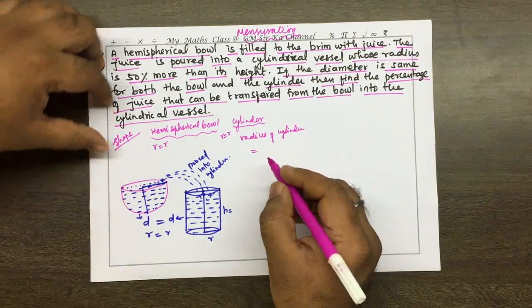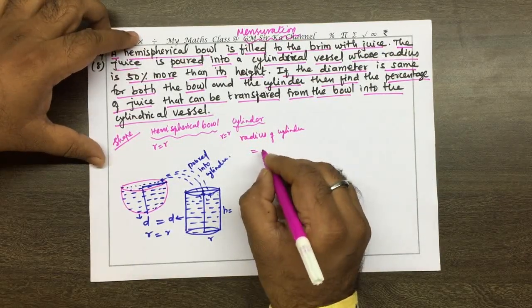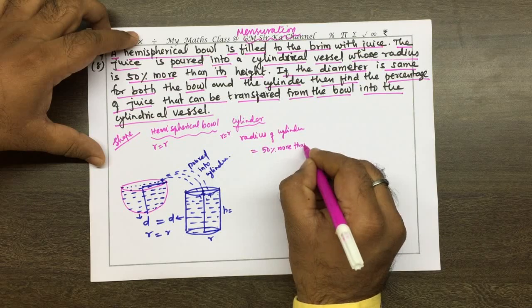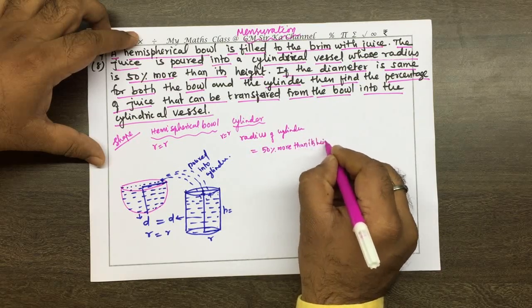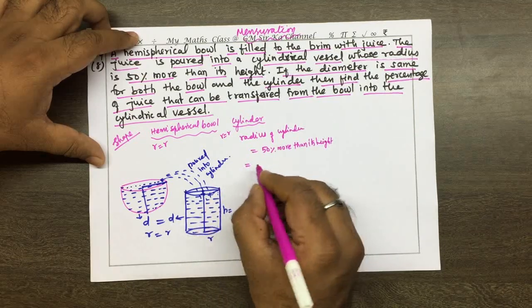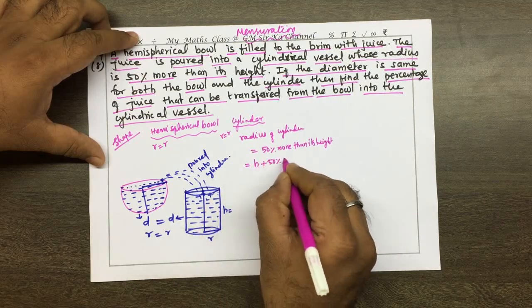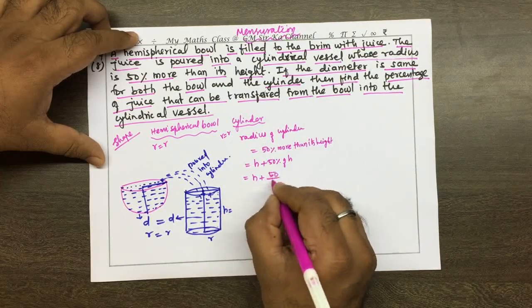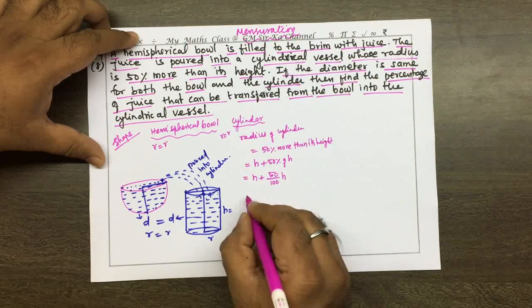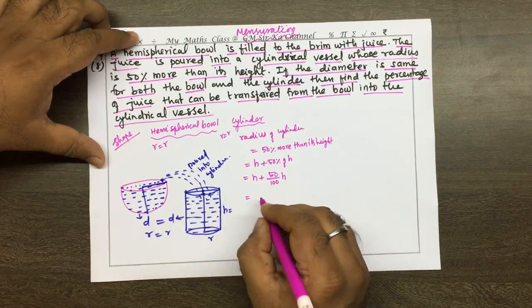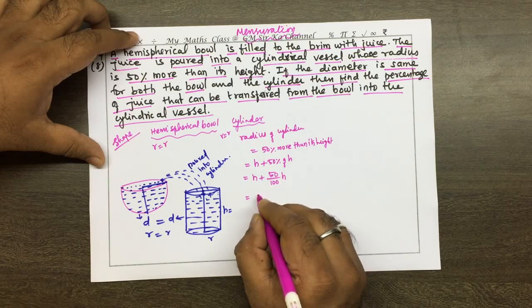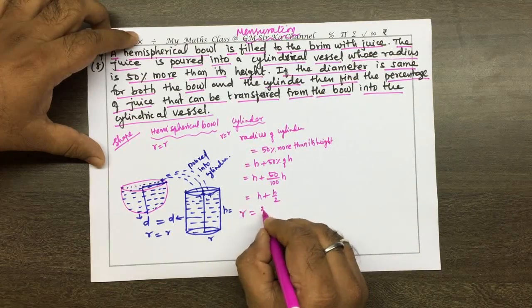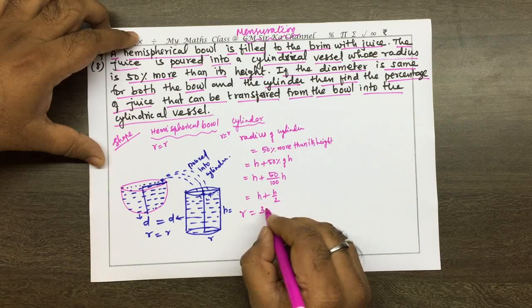So the radius of the cylinder is 50% more than its height, which is given by h plus 50% of h. So h plus 50 by 100 h, h plus h by 2, so the radius is 3h by 2.